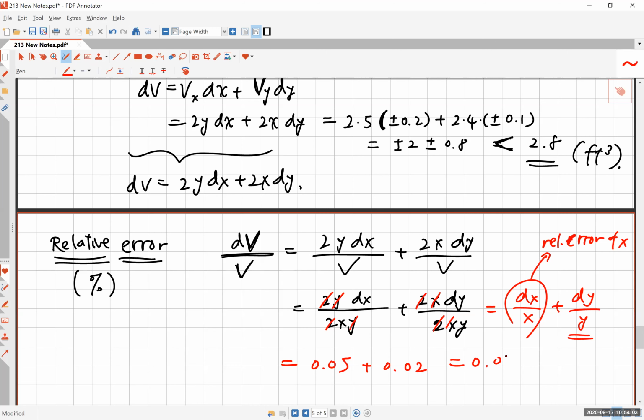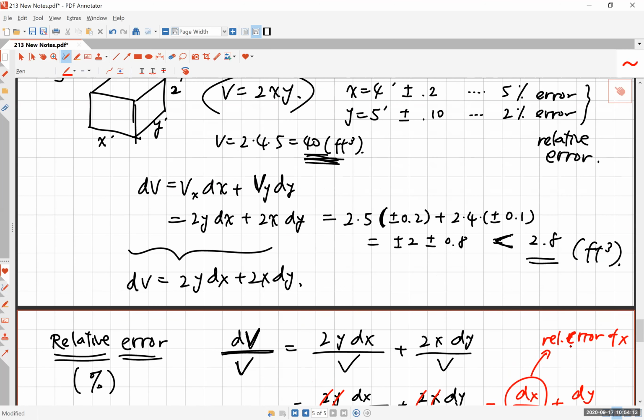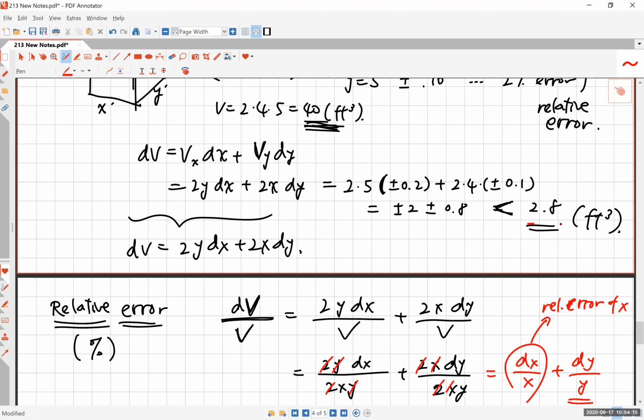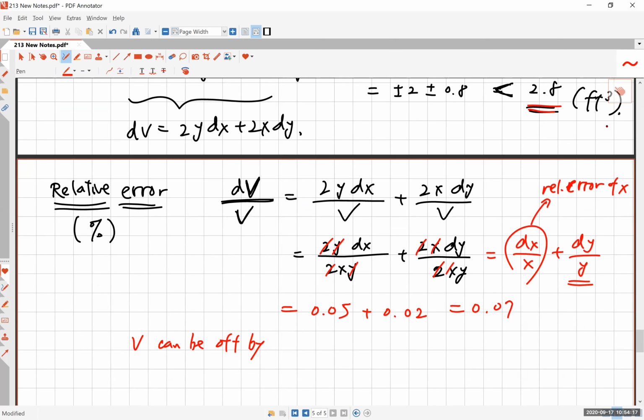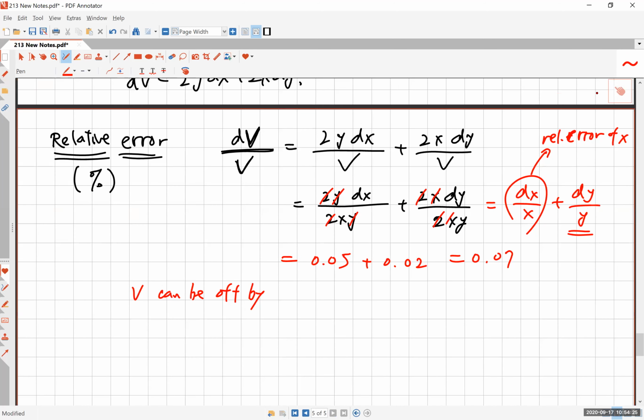And so the answer was 7%. So V can be off by 2.8 cubic feet. But remember that 2.8 is exactly 7%. Oh, no, yeah, 7% of 40. So off by 7%. Okay.